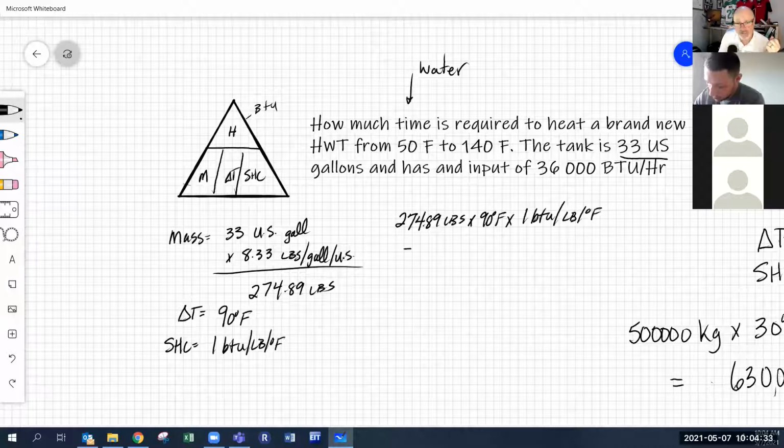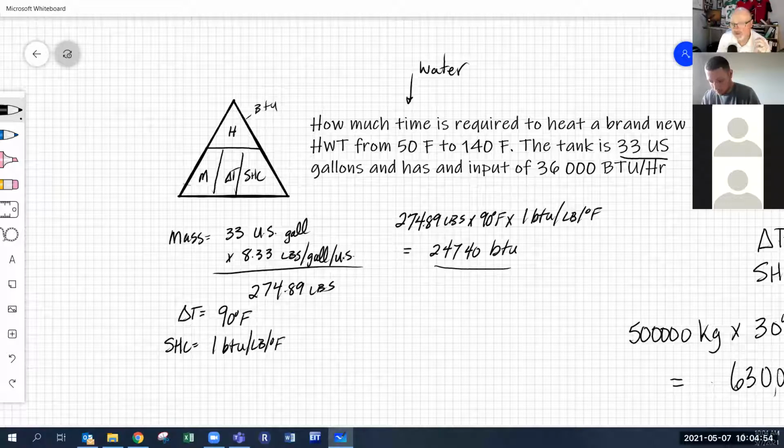So how much heat does it take to raise the temperature of this water? It takes 24,740 BTUs to heat this water.